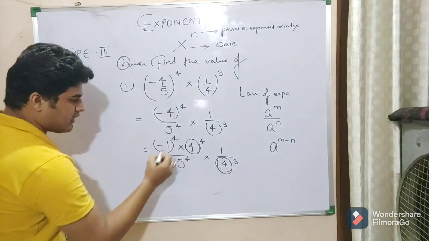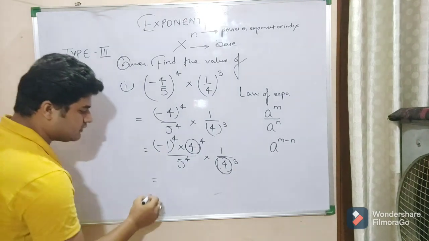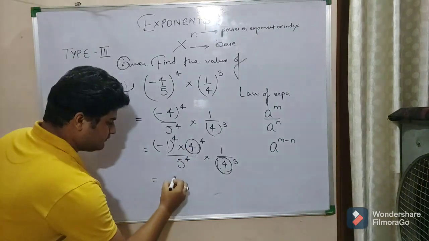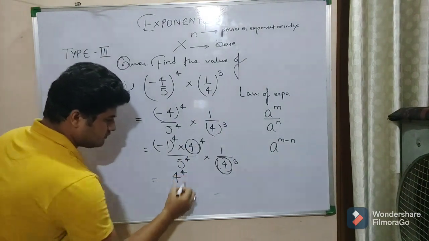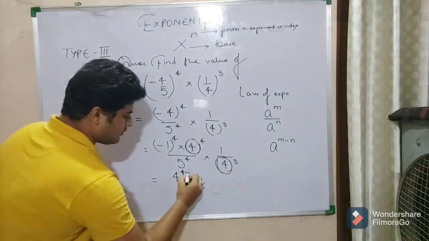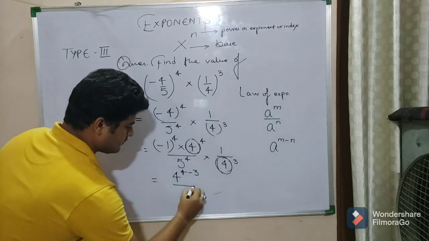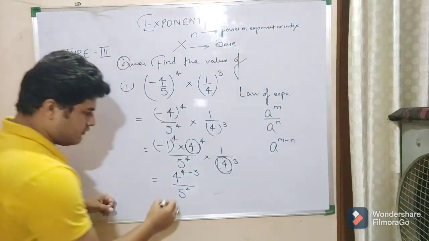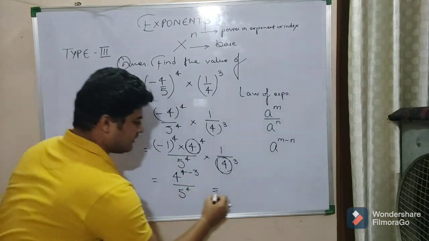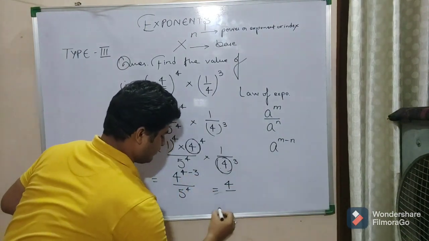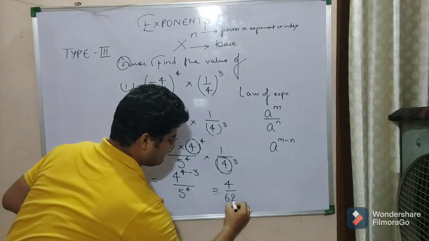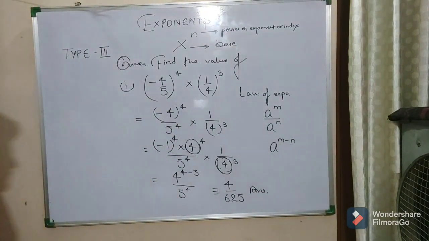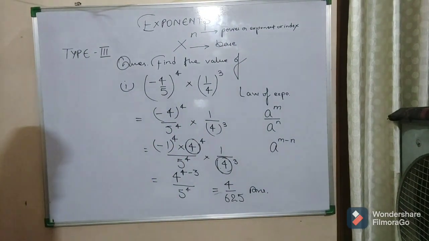This -1 to the power even number will give you positive 1, so we are not going to write that 1. 4 to the power 4 upon 4 to the power 3, so 4 to the power 4 minus 3 upon 5 to the power 4. So 4 minus 3 will be 1, so 4 to the power 1 upon 5 to the power 4, that is 625. So you are going to get the same answer, but the methods can be different.